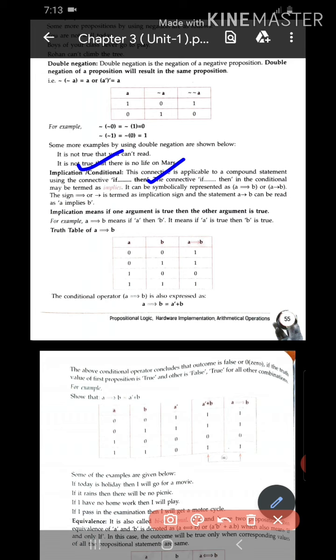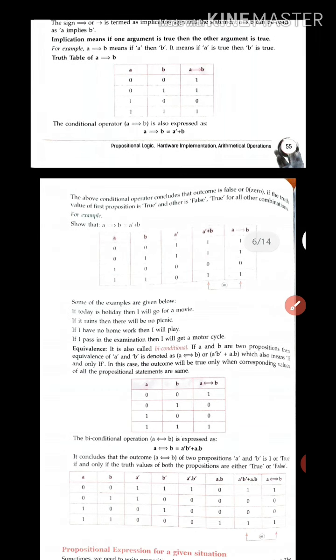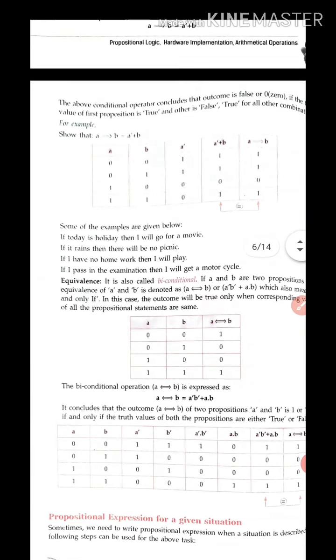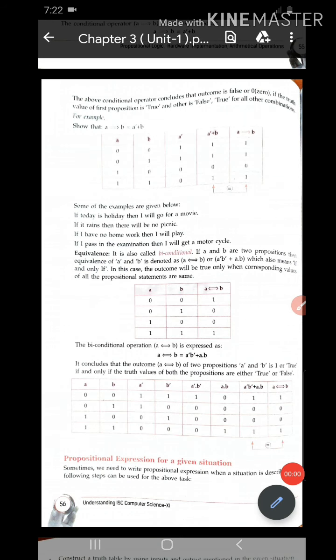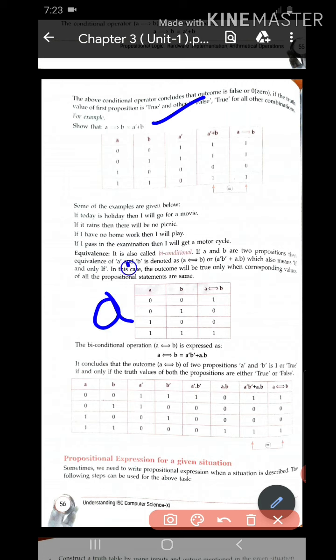And say if we want to create a truth table for that, how are we going to create that truth table? We want the formula for that. If we want to create the truth table, we have to apply the formula. How are we going to apply that formula? Formula is A dash plus B. We are having the value of A, we are having the value of B, but we are not having the value of A dash.